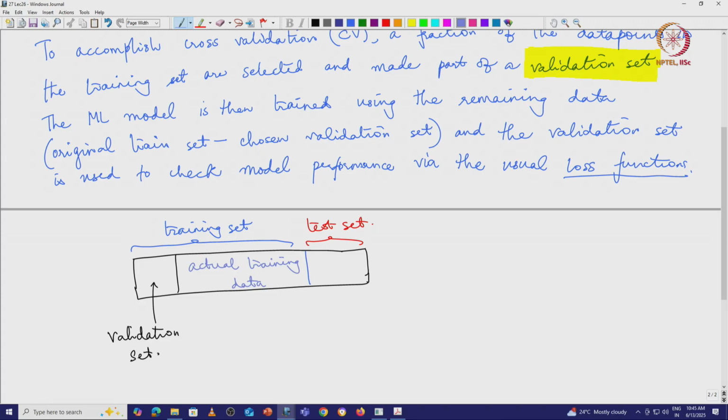At this point, although it is just validation, it is not cross validation because we have not given every point in the training set a chance to participate in both the training and the validation procedures. At this stage it is just simply called validation, it is not called cross validation unless every point in the training set has had a chance to participate in principle.